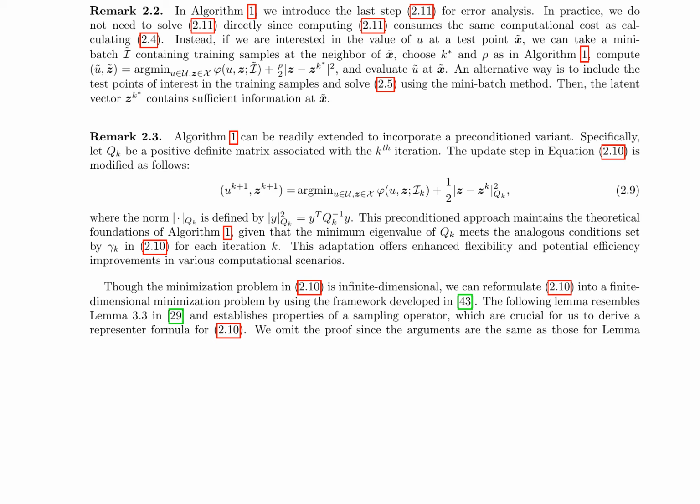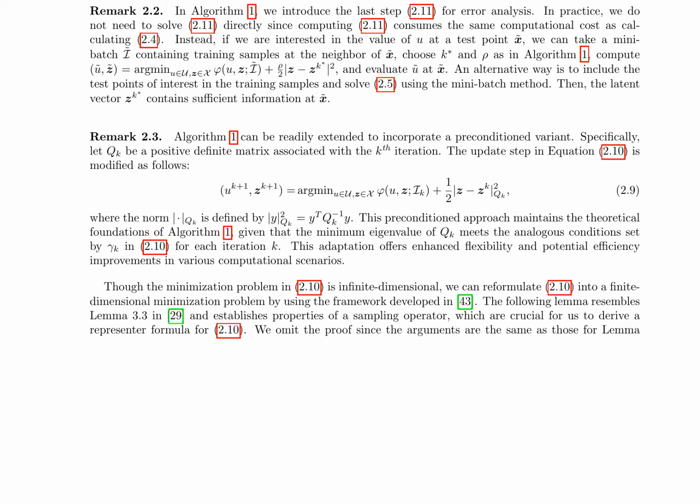The paper also explores the possibility of extending algorithm 1 to incorporate a preconditioned variant, modifying the update step in equation 2.10 to include a positive definite matrix Q_k. This preconditioned approach maintains the theoretical foundations of algorithm 1, provided that the minimum eigenvalue of Q_k meets certain conditions.